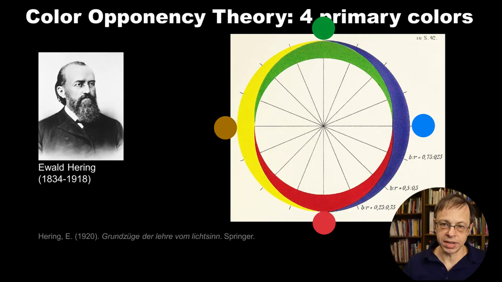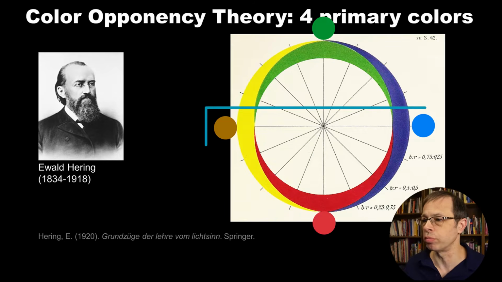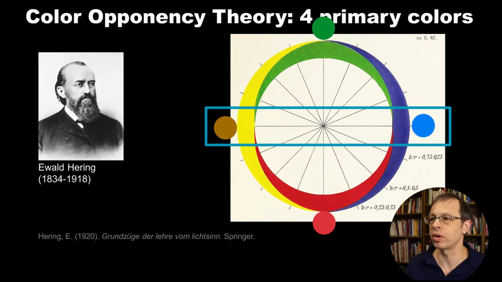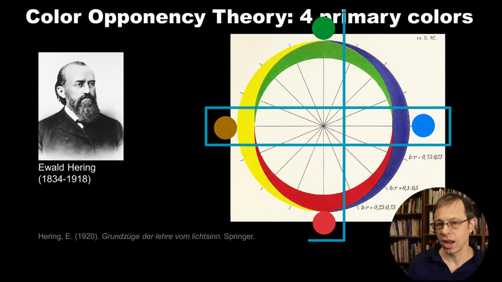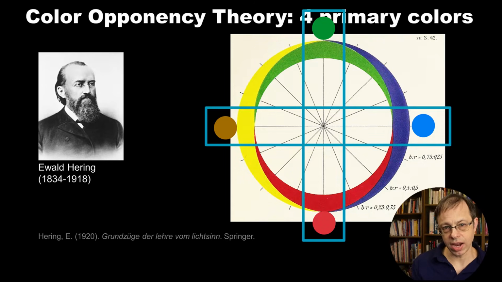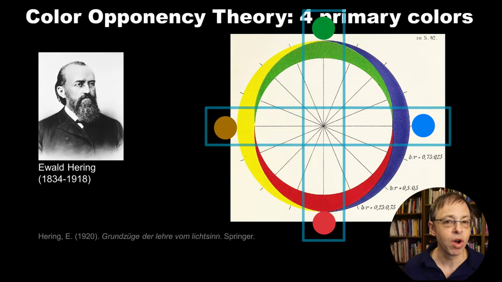The idea of color opponency theory is that there were two channels for color production. One along this axis was a yellow to blue axis, and the other was a green to red. And so the idea is that you had these two channels from which all of the colors that we perceive would be produced. And for many years, there was a big fight. You know how scientists are. They're like, oh, your theory sucks and this is better.